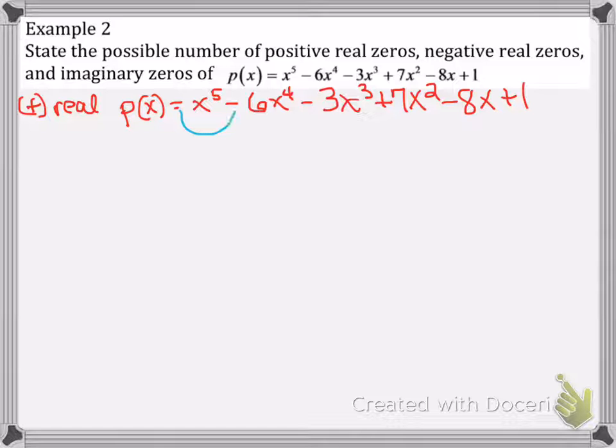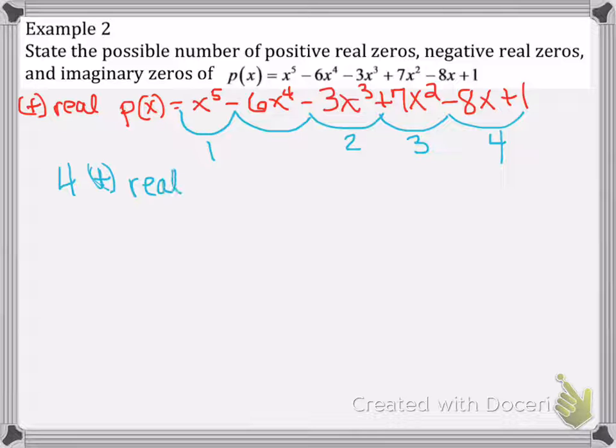So that goes from positive to negative, so that's one sign change. This does not change. This is a second sign change. This would be a third sign change, and this would be a fourth sign change. So what that means is we could have 4 positive real zeros.